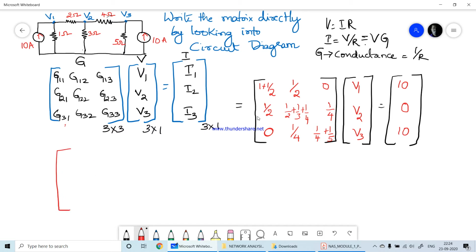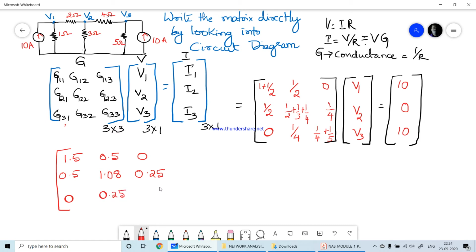So 1 plus 1 over 2, which is 3 by 2, which is 1.5. Then 1 over 2 is 0.5. Then we have 0. Then again 1 over 2, which is 0.5. Then again 1 over 2 plus 1 by 3 plus 1 by 4, it is 1.08. Then we have 1 by 4, which is 0.25. Then we have 0. Then 1 over 4 again, 0.25.